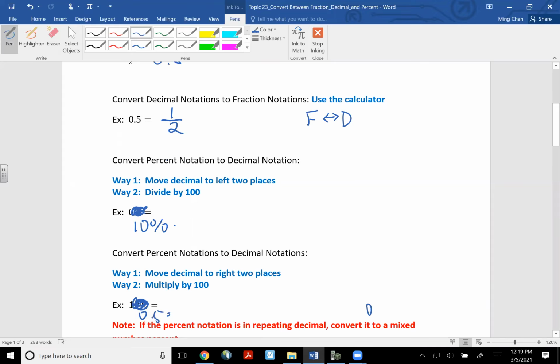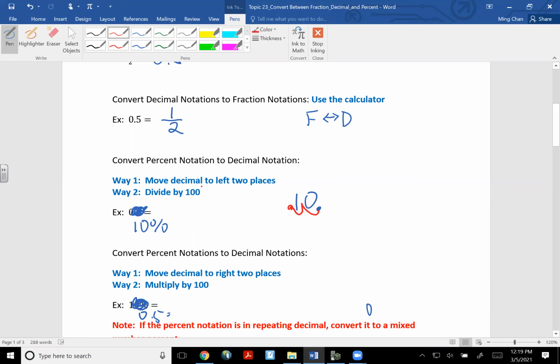Convert percent into a decimal. If you start with a percent, you move the decimal two places to the left. For 10%, the decimal is behind the number, and you simply move it to the left two places. Moving the decimal to the left two places is also equivalent to dividing by 100.